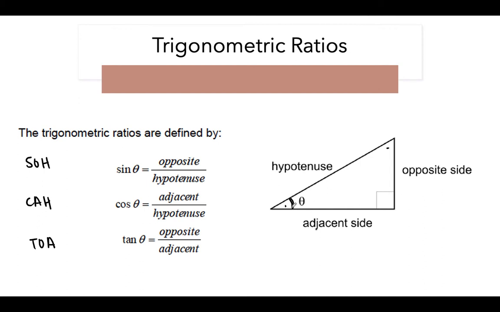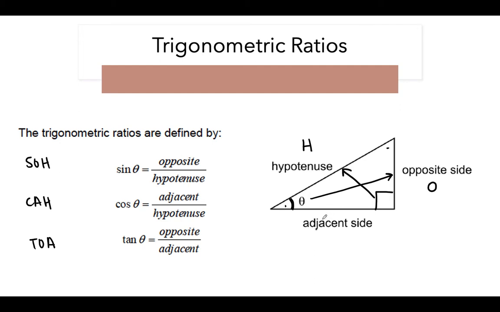So let's say my angle is here. Then the side that is opposite from this angle, which is over here, is the opposite. And remember, the side that is opposite from the 90 degree angle is always going to be the longest length, which is the hypotenuse.